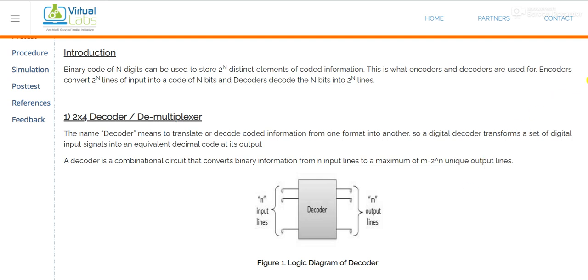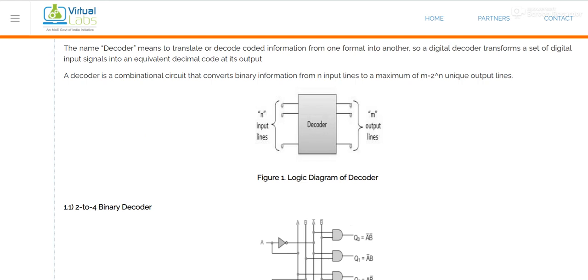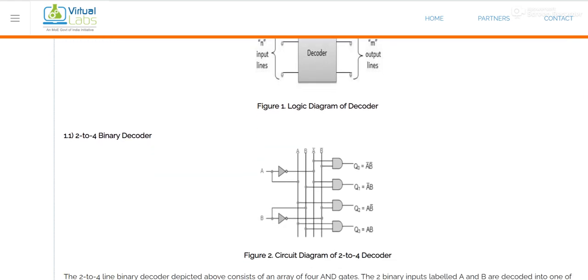We can understand it with a simple example of a 2 to 4 binary decoder. It means there are two inputs, so n equals 2, and we will get 2 to the power n, that is 2 to the power 2 is 4 outputs, so this is a 2 to 4 binary decoder.